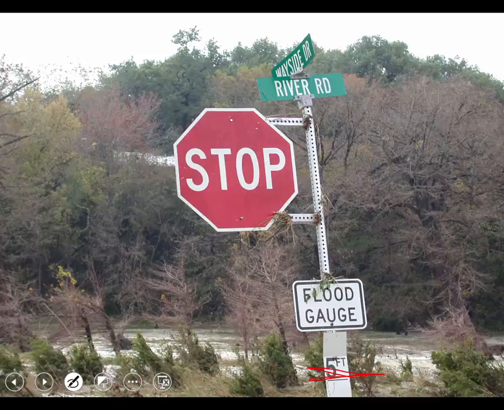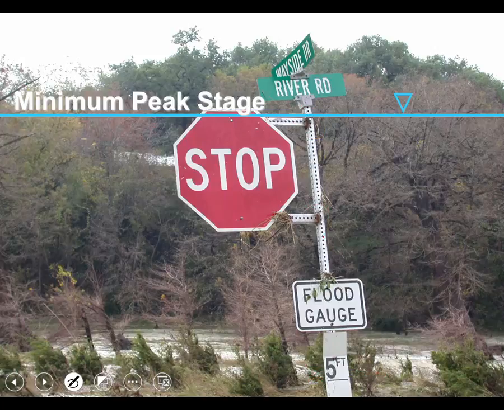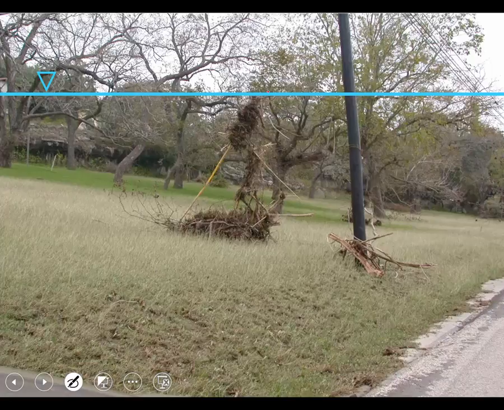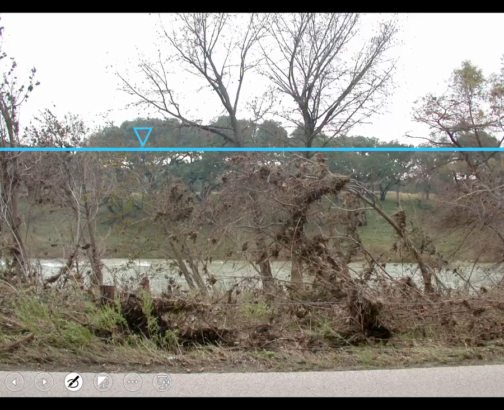But if you look carefully, there's debris way up here. Okay. And so the flood peak stage was pretty high. And in fact, you can see it way up here and over here. So we've got some non-stage gauge techniques for measuring peak stage.